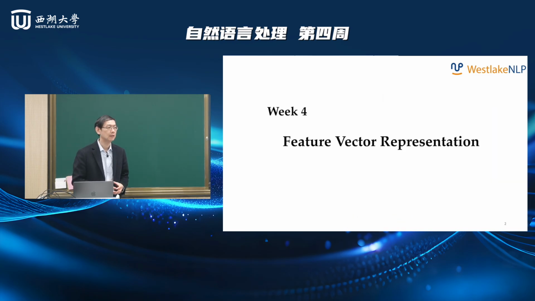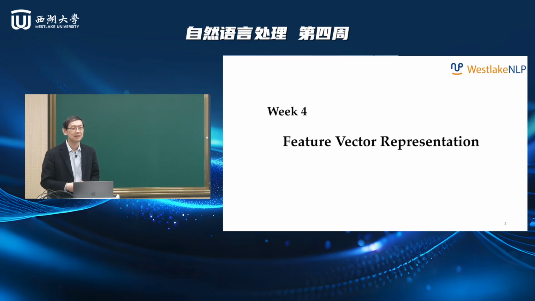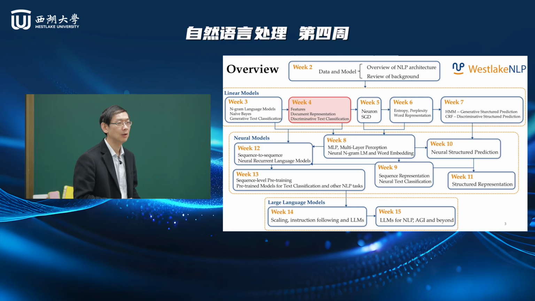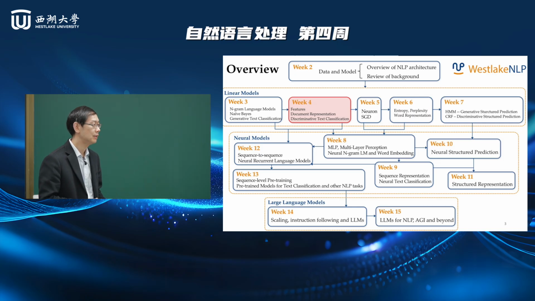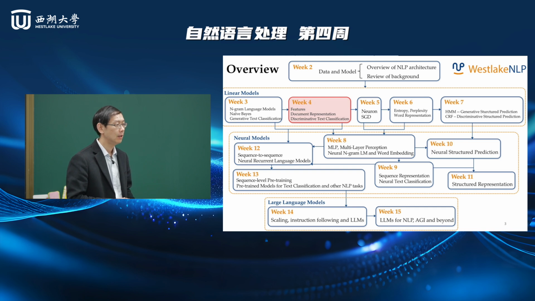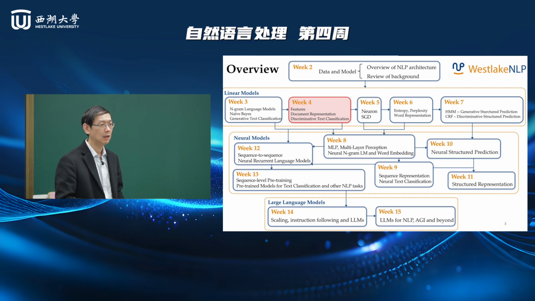So this week, let's discuss representation. It's a more complicated week compared to simple counting. And this is where we are, right? In week 2, we reviewed the basics about building a model. And in week 3, we built very simple models, like by counting.